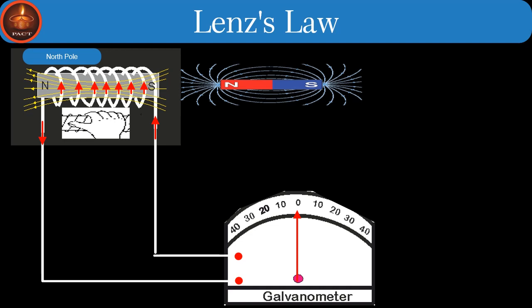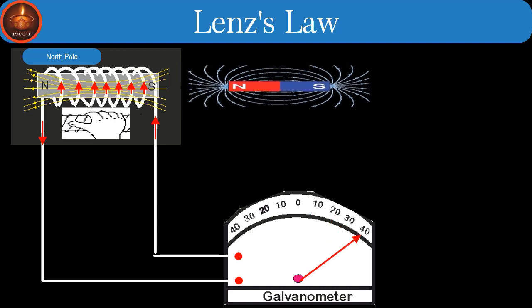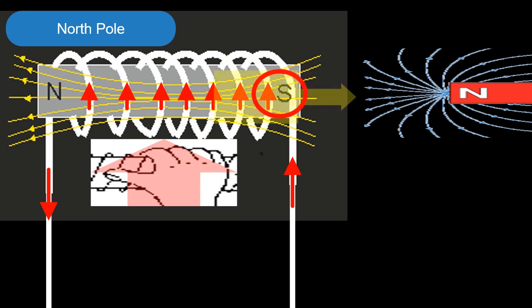Friends, we know that when the magnet is moved away from the coil, current through the coil reverses and it produces the magnetic field as shown. It is seen, by applying the right hand grip rule, that the south pole of the field produced by the coil is towards the north pole of the magnet.